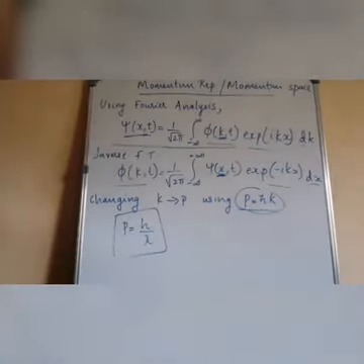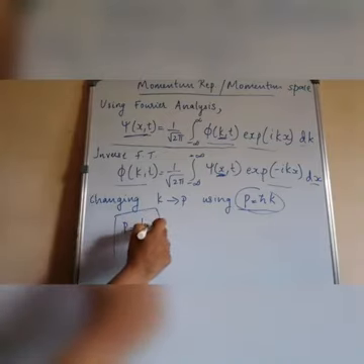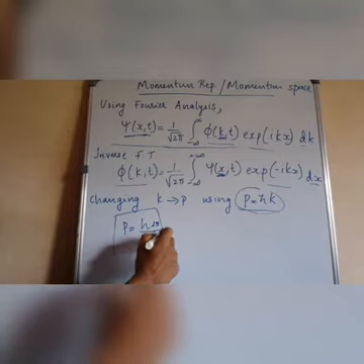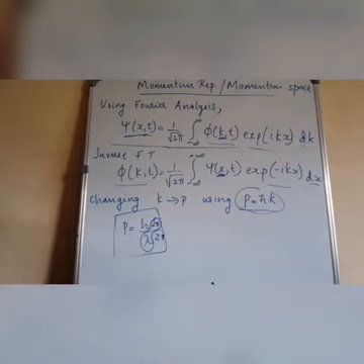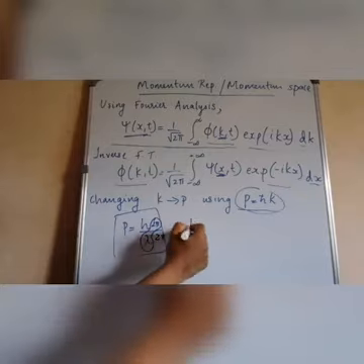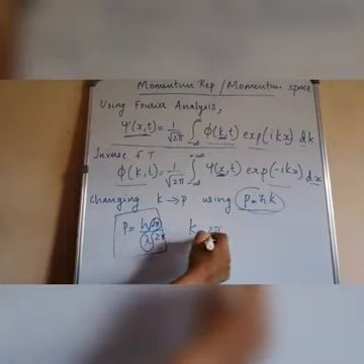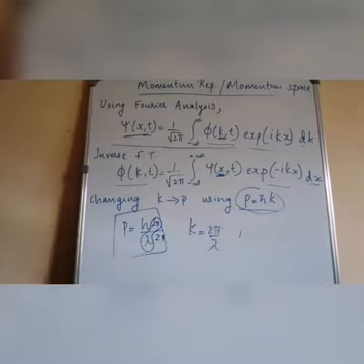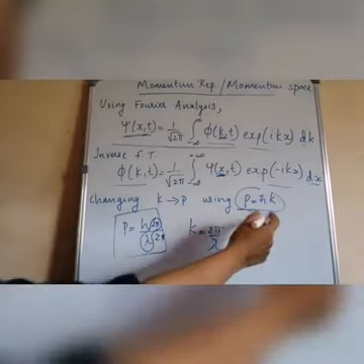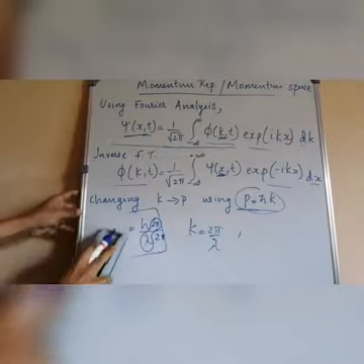We have p is equal to h by lambda, multiplying by 2 pi and dividing by 2 pi. We have 2 pi by lambda is k, that is the wave vector. k is 2 pi by lambda and h by 2 pi is h cut. So you have p is equal to h cut k.